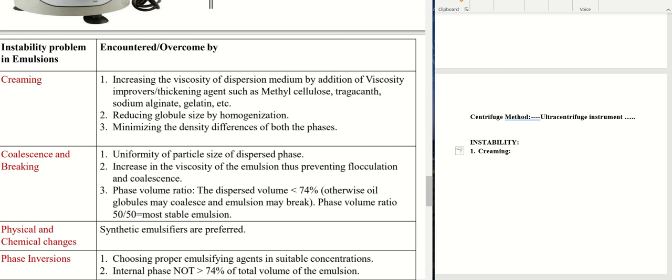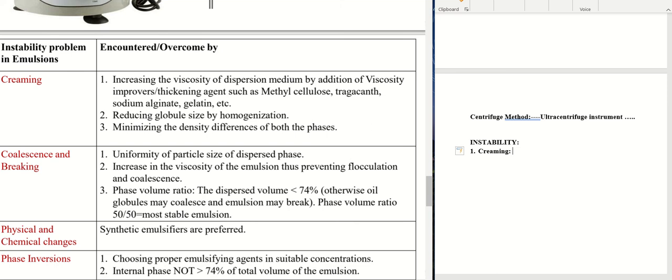So to avoid these density differences, we need to improve the viscosity of the dispersion medium. If the dispersion medium or the external phase is more viscous, then there will be less chance for the migration of the oily phase or the aqueous phase.